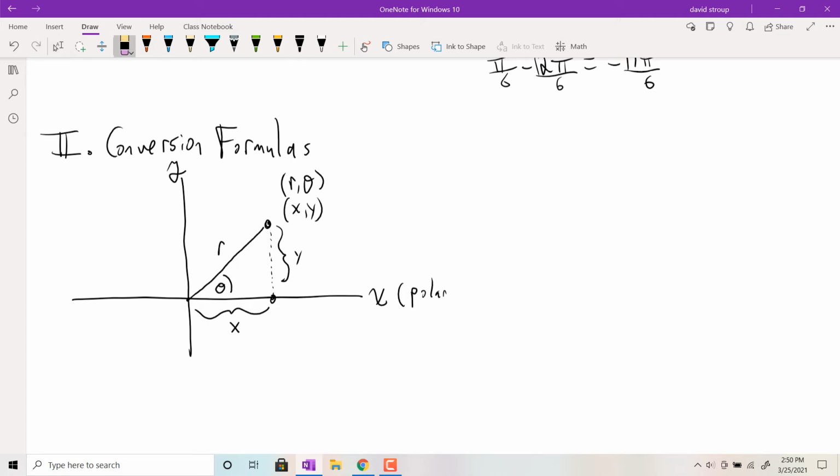If you're thinking in terms of polar coordinates, they call it the polar axis. In particular, the positive x-axis is the polar axis, not the entire axis, but just the positive part. And on top of that, I didn't mention that the origin in polar coordinates is called the pole. For us, we know it as the origin, but in the polar coordinate system, it's called the pole.